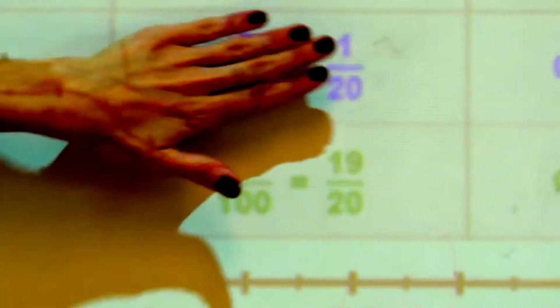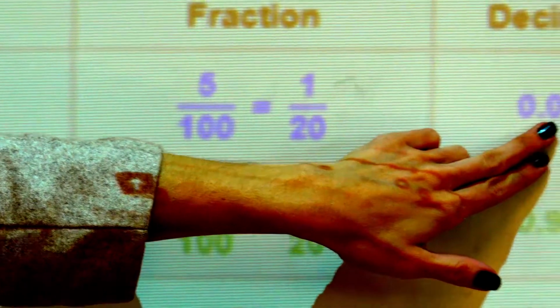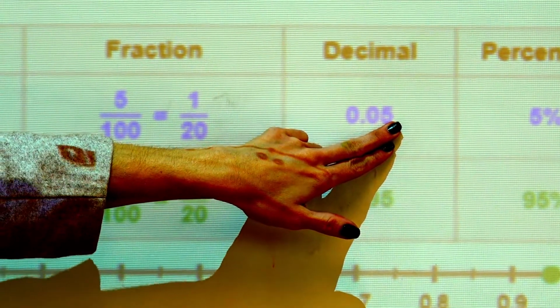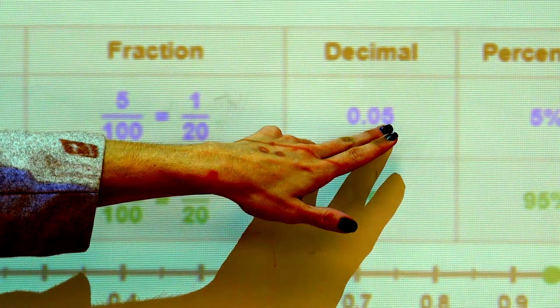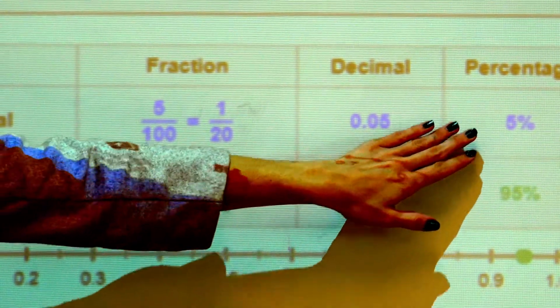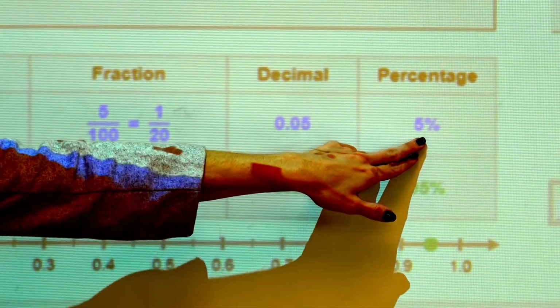This is a fraction. As a decimal, it's 0.05. 5/100. As a percentage, it's 5%.